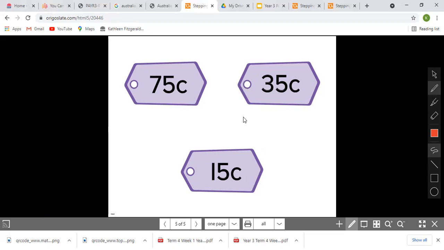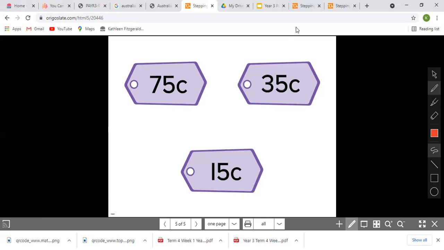It makes it easy to look for ways that you can put numbers together that make whole numbers. You might find it easier to make 75 cents plus 15 cents into 90 cents. Your 5 and 5 would make that 80 cents plus an extra 10 there would make that 90 cents. Then you could add on the 35 cents to get to $1.25.